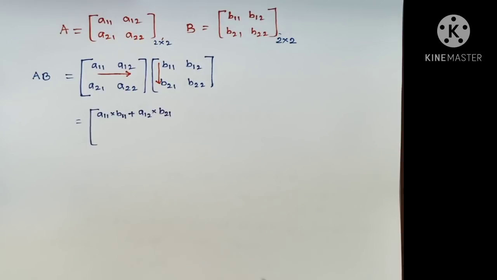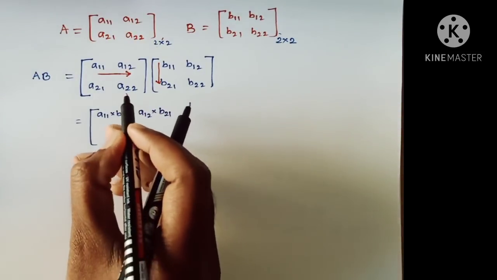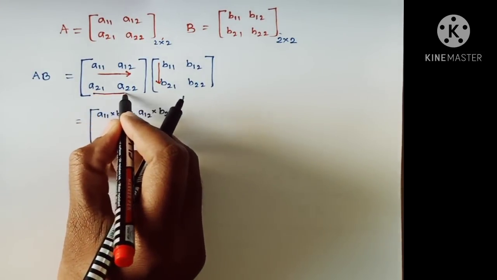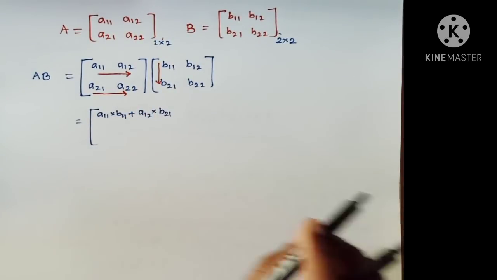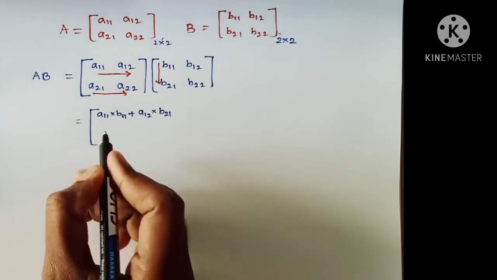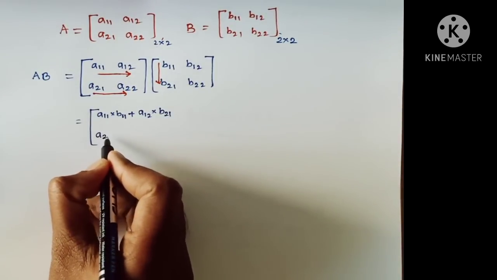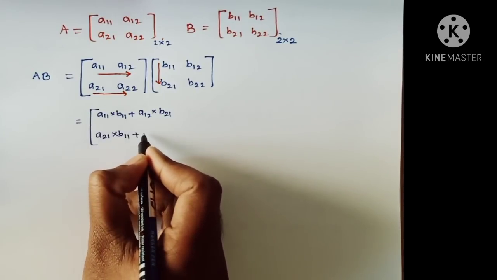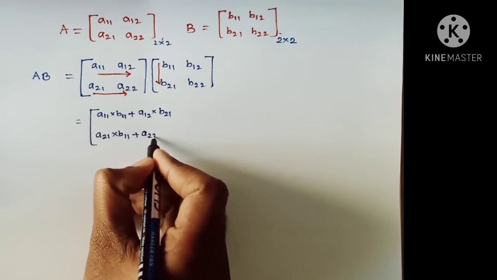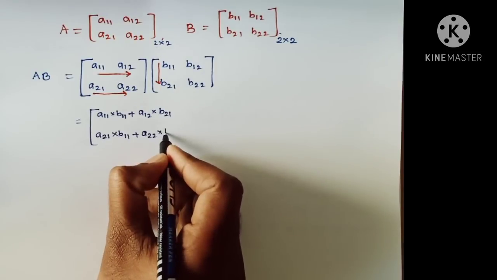To get the next element in that column, we multiply the second row with the same first column and add the products, that is A21 into B11 plus A22 into B21.